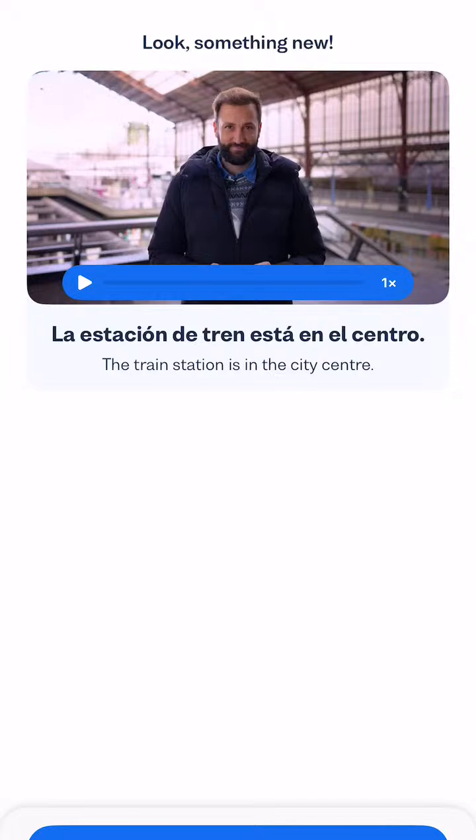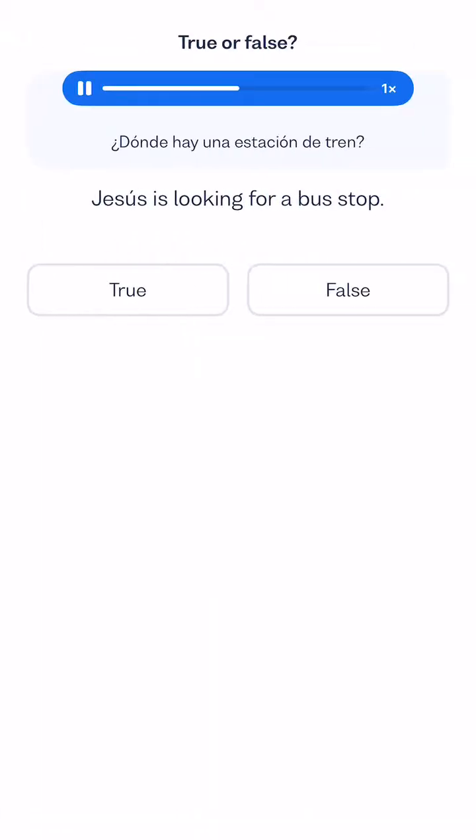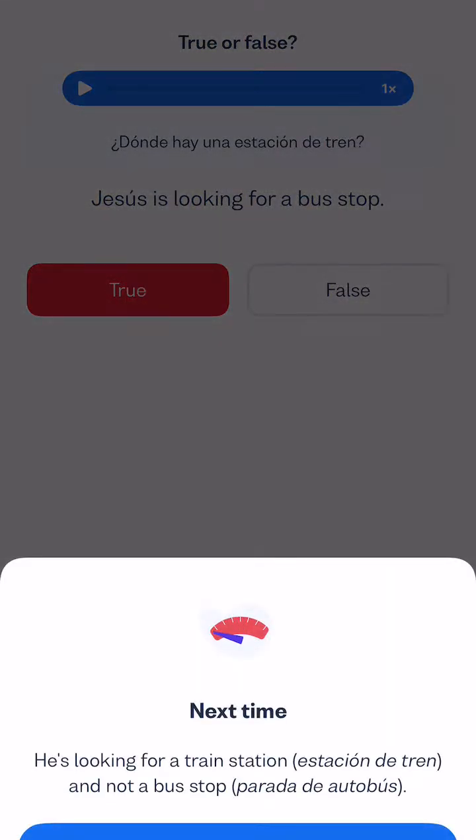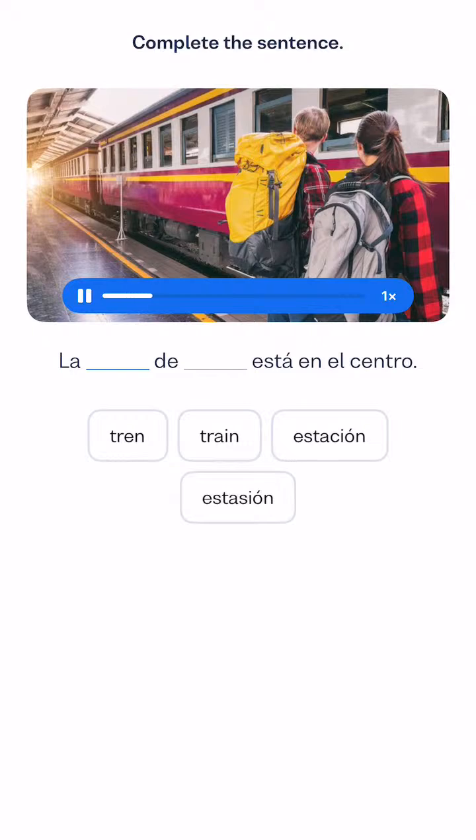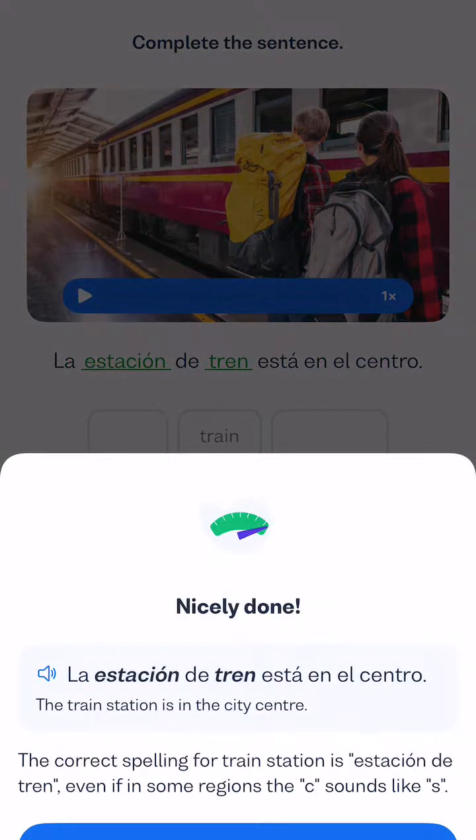Or the center of the city, but okay, whatever. ¿Dónde hay una estación de tren? Oh boy. Jesus is looking for a bus stop. Sounds like it. No? Oh no, he's looking for a train station. That's why reading is fundamental. We can take the train or metro at the estación. We usually take the autobús or bus at the parada stop. Okay. La estación de tren está en el centro. Okay, so the train station is in the city center.